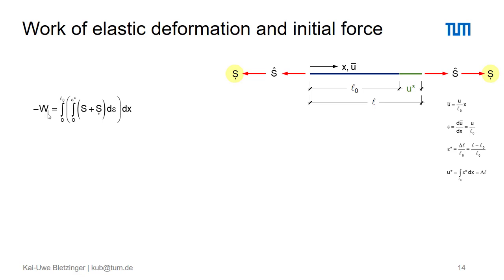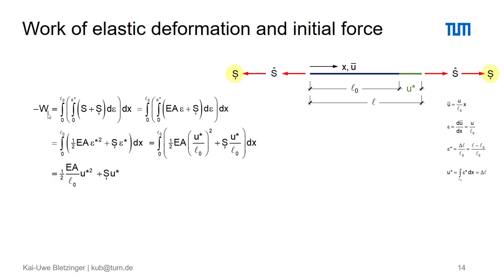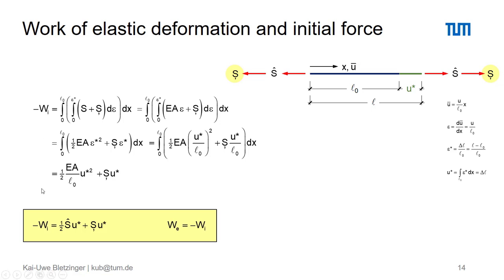Substituting all what we found on the previous slide, we finally come to the value that the negative internal work is the sum of the elastic contribution, where we just have the 1/2 because of the triangle, remember, of the final elastic value S times the final value u star, plus this S with sub-comma, the constant initial force which remains to be constant, times the final displacement u star.